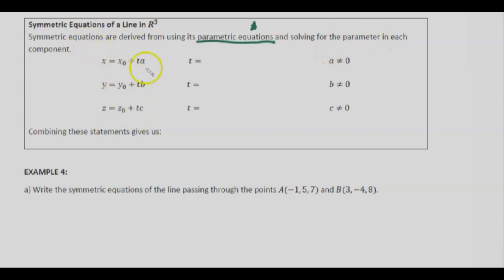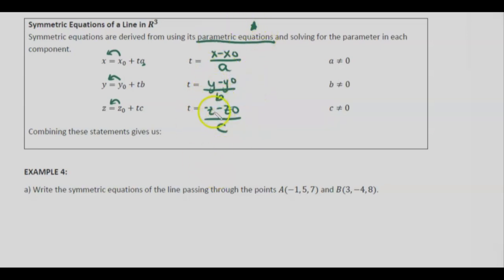So remember, this is the general form for the parametric equations of a line. We would bring over the x naught, so x minus x naught, and then divide by a. Then we bring over y naught, so y minus y naught divided by b. And then z minus z naught divided by c.